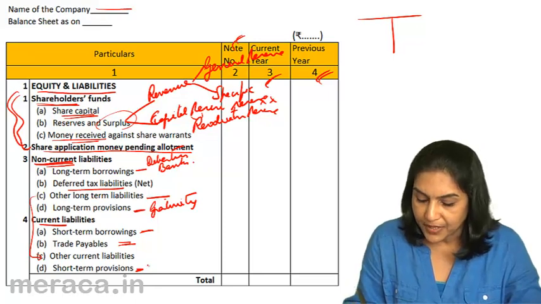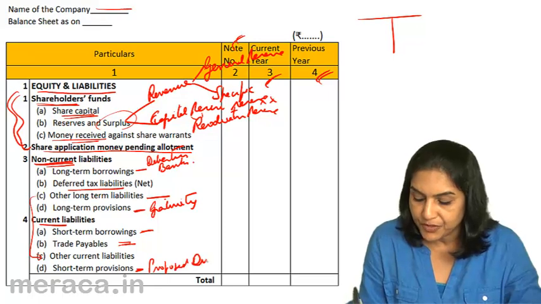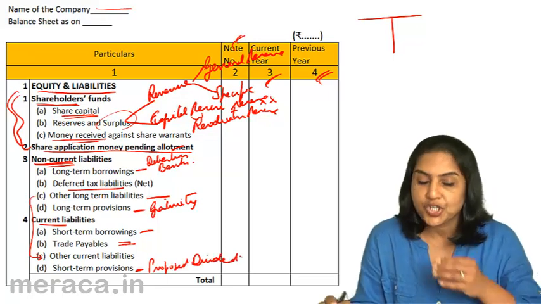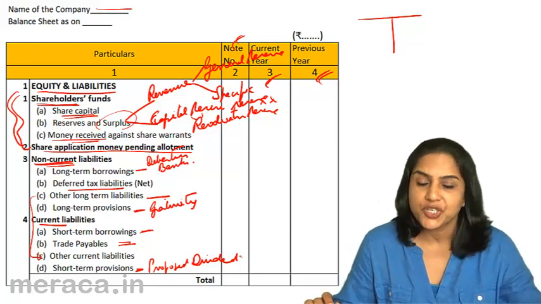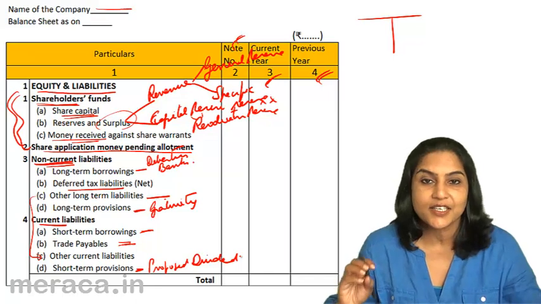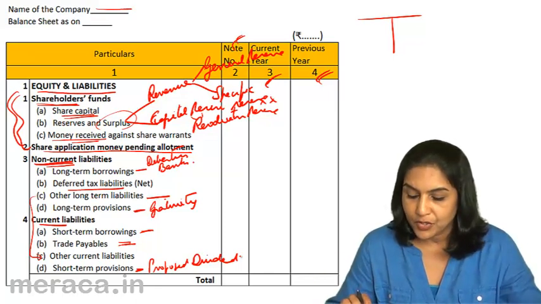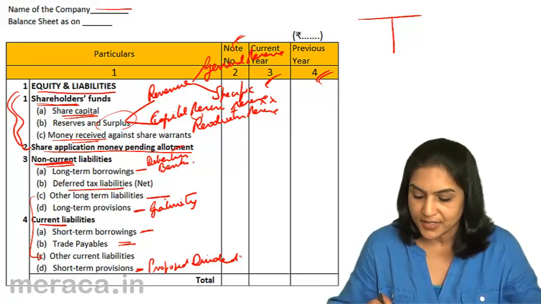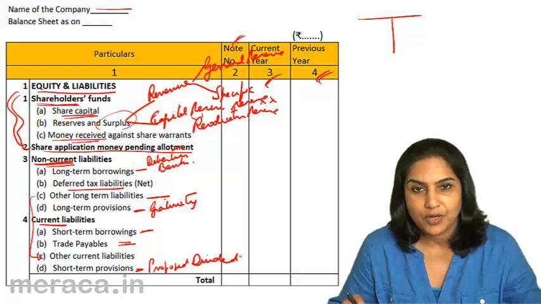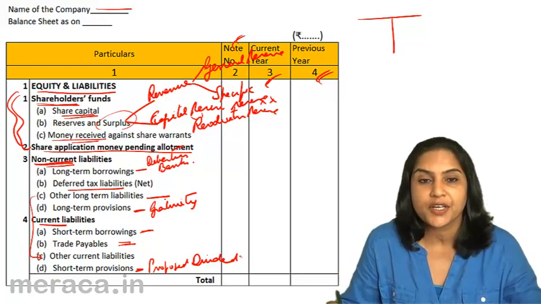One item here could be proposed dividend. Proposed dividend is an item of short-term provisions. What is a proposed dividend? Proposed dividend, as we said, is the distribution of profit to the shareholder. So usually once the accounts are prepared, the board of directors may propose dividend, and this proposed dividend is shown as a short-term provision.